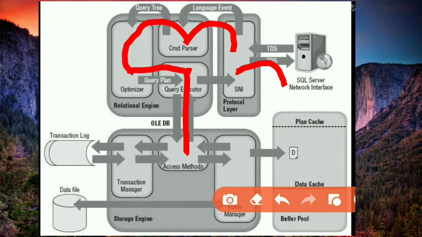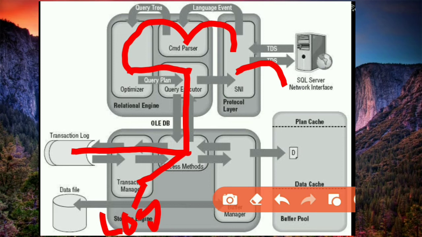So it will write a transaction log. I have already covered how it reaches the transaction log. So the query goes from the access method to the transaction manager, and the transaction manager has two components, which I have already covered in the architectural video, the log manager and the lock manager.